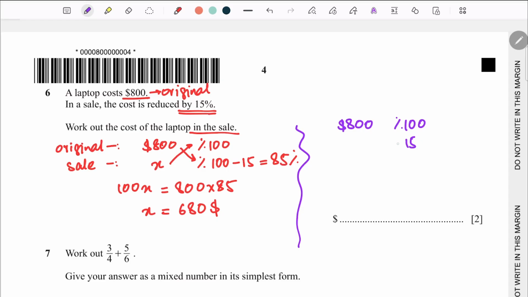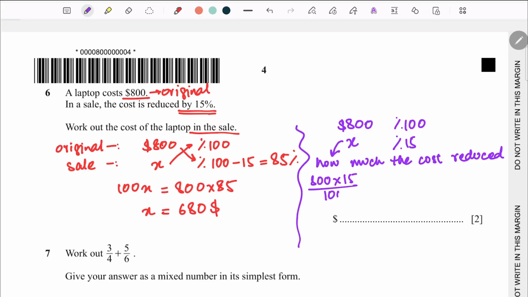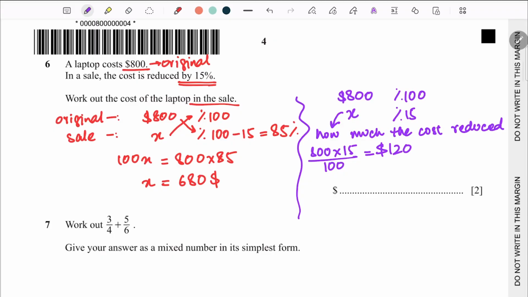We're going to write 15% right here, and x is now the price by which the cost is going to reduce. So 800 multiplied by 15 divided by 100 is equal to $120, and now the original price will be subtracted by 120, that is 800 minus 120, which is equal to $680.